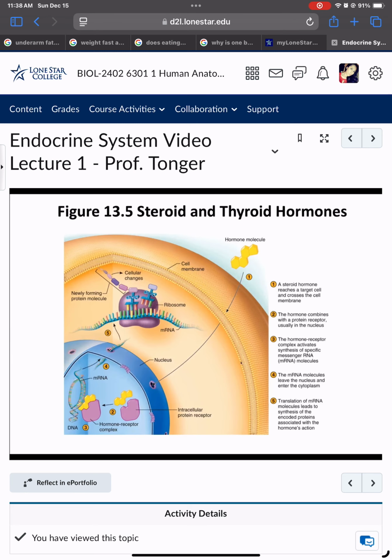Now, this is the picture which describes how a steroid or steroid-derived hormone, which basically means a hormone which contains lipid in its structure, works. You can see it has 4 rings, which is a very typical structure similar to cholesterol. Also the thyroid hormone, and lipids we know are insoluble in water, right? Now comes your basic understanding of the cell membrane.